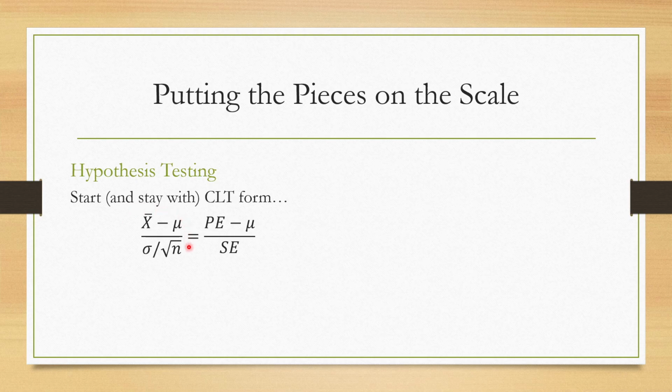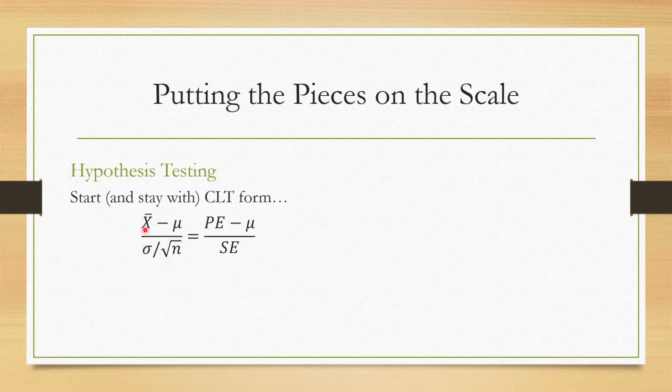Recall the central limit theorem said that this first quantity right here is distributed as a standard normal distribution. So central limit theorem form says this value right here is distributed as a standard normal.